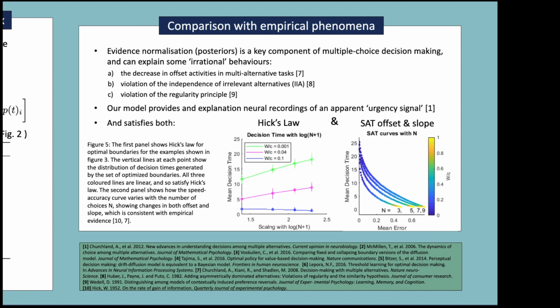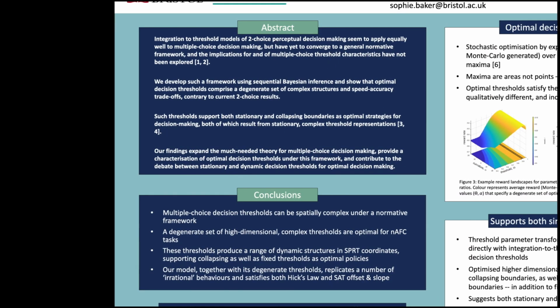Our model also provides an explanation for neural recordings showing an apparent urgency signal. As we saw in the previous panel, the urgency signals that we're seeing could be results of spatially complex or interdependent decision thresholds.